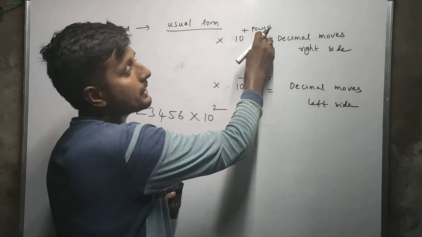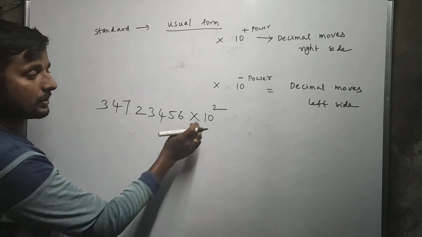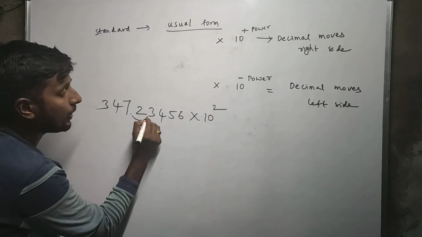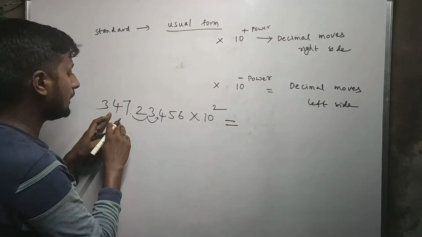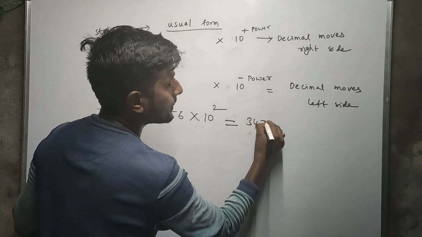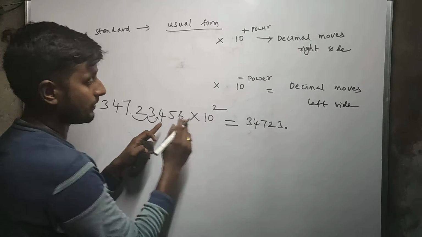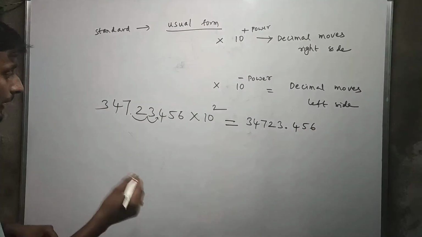The 10 power is positive, so definitely the decimal moves right side based on zeros. 10 power 2 means the decimal moves only 2 places. Up to here 1 and here 2. So directly I can write the answer: 34723.4567 with the decimal after moving 2 places, then 456.